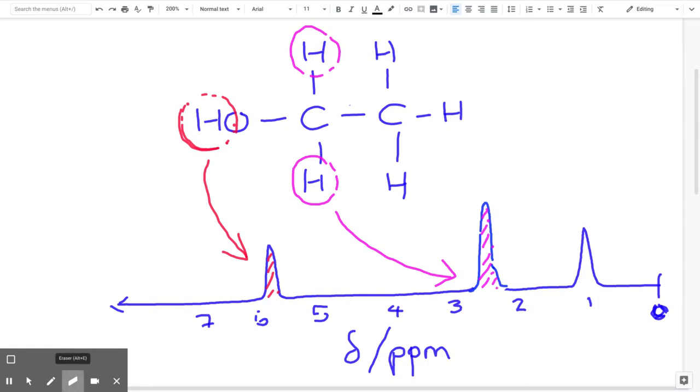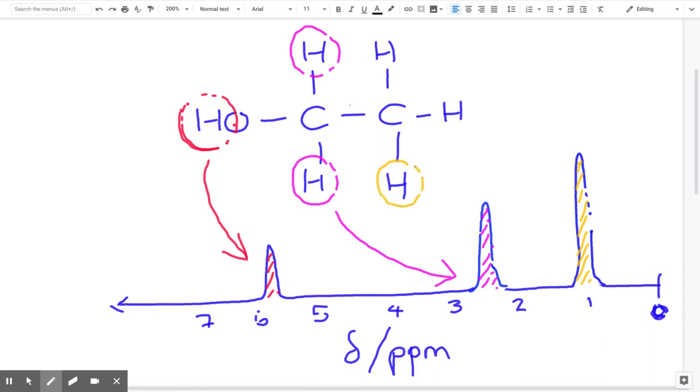Likewise, we wouldn't see the same peak over there. What we would now see is a peak 3 times bigger, not necessarily 3 times higher, but with an area that is 3 times bigger underneath the peak.